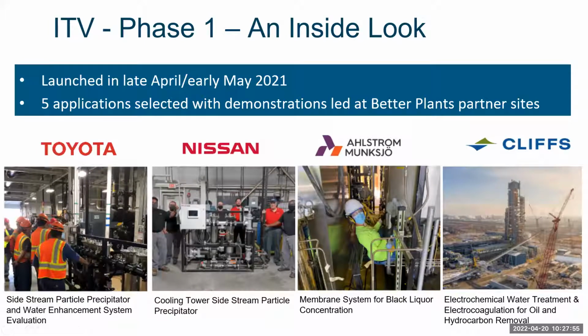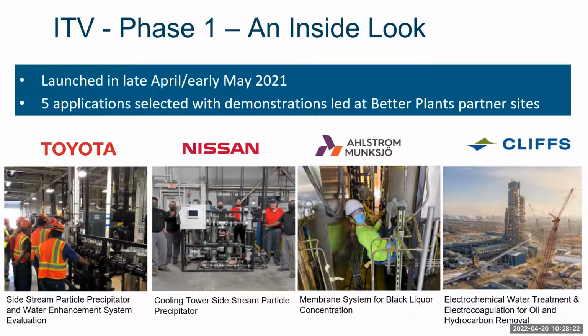So a little peek inside of phase one, which is well underway. We were a little surprised that the applications or the proposals that we got were actually all kind of water related, which we weren't necessarily expecting. But so we have a good project going on at a Toyota automobile manufacturing site.